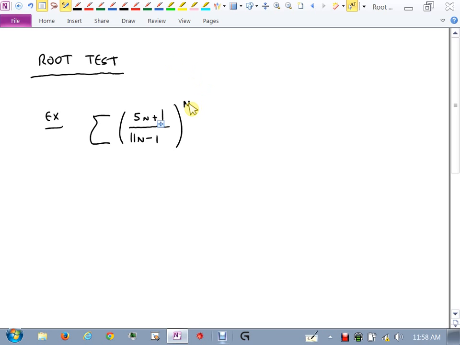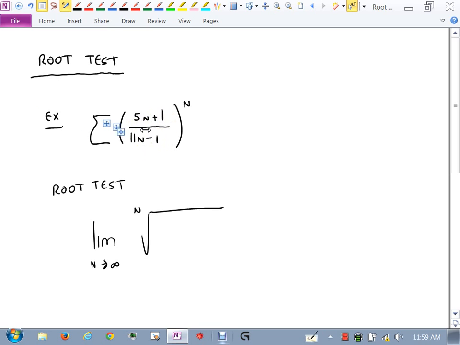You see the nth power on the outside? All of a sudden, I'm thinking root test, because the root test tells me I can take the nth root of this, and the nth root of something to the n cancels, and then you're just looking at what's inside. So by the root test, I need to take the limit as n goes to infinity of the nth root of the absolute value of this, which you don't need to put the absolute value because everything in there is positive.